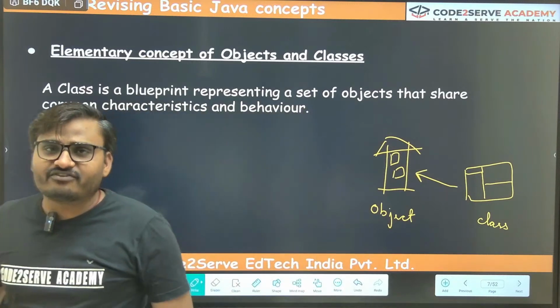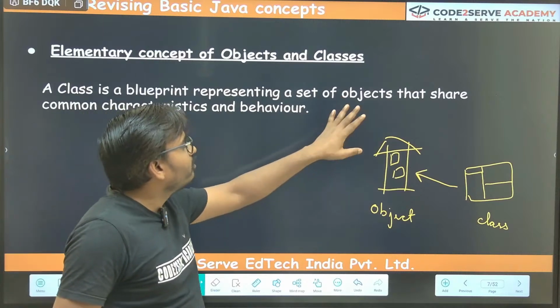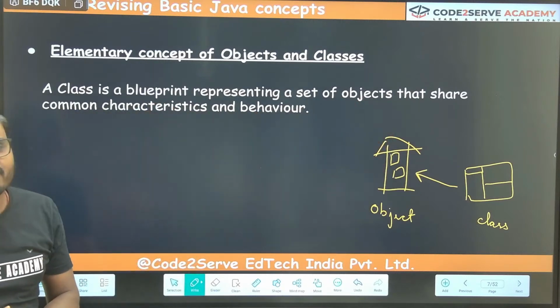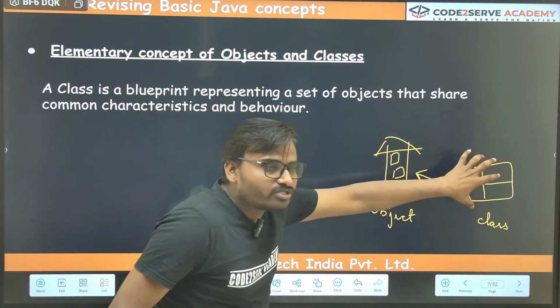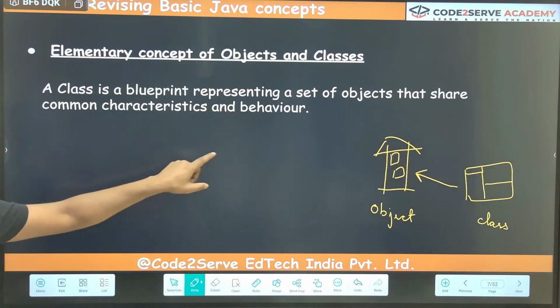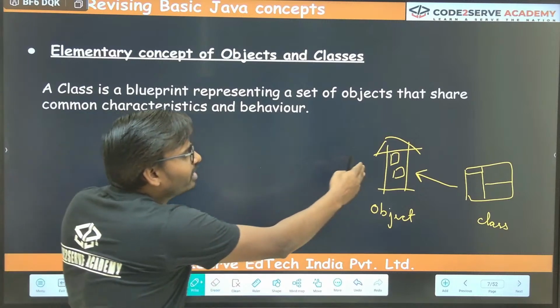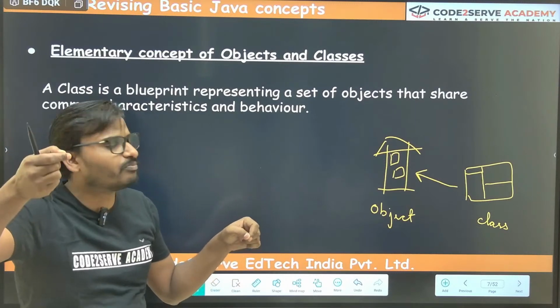Now if you see the definition, class is a blueprint that represents a set of objects that share common characteristics and behavior. That means what? It is a blueprint, and using this blueprint, I can construct multiple buildings, not just one building, and all the buildings will share common properties. What is a common property?